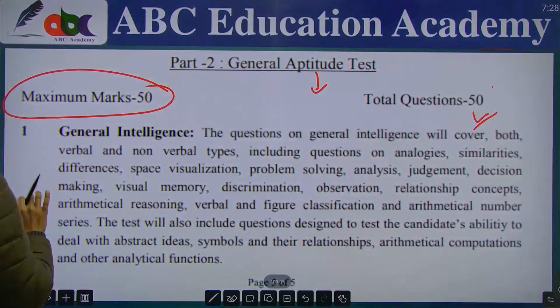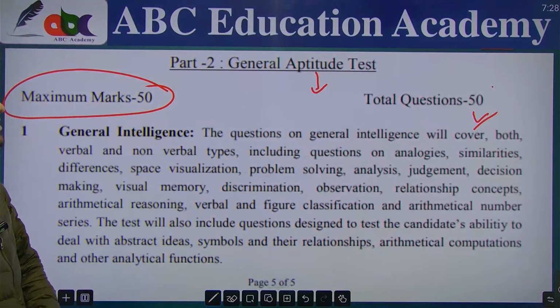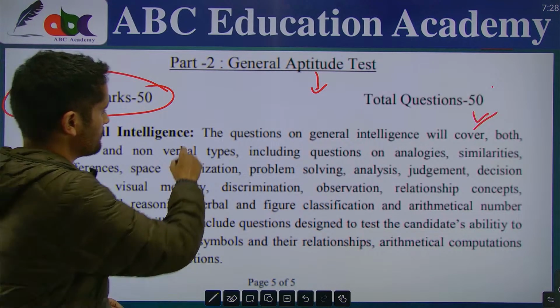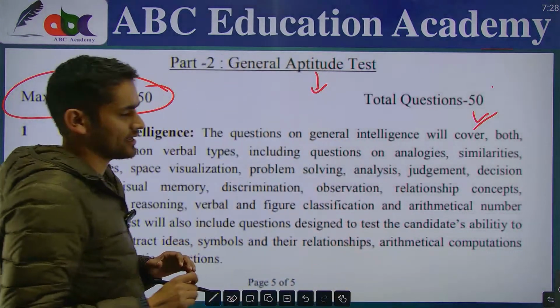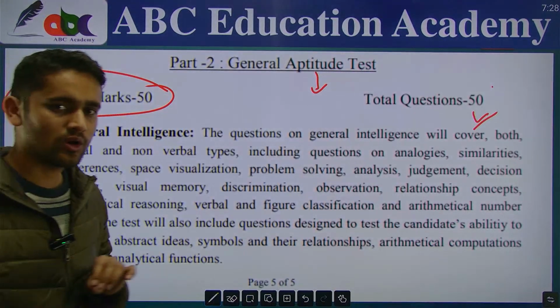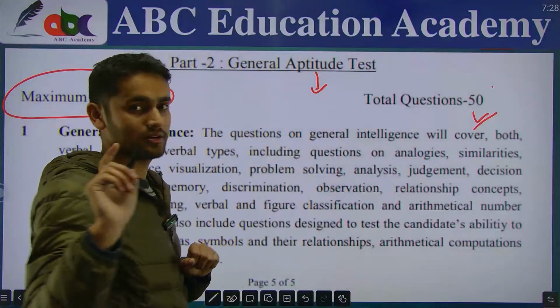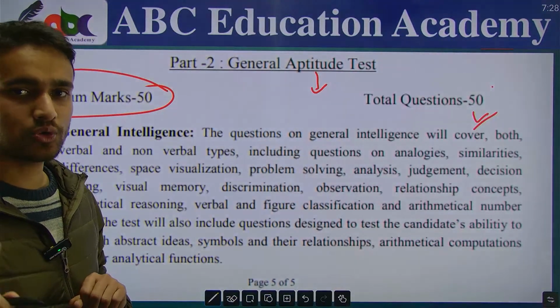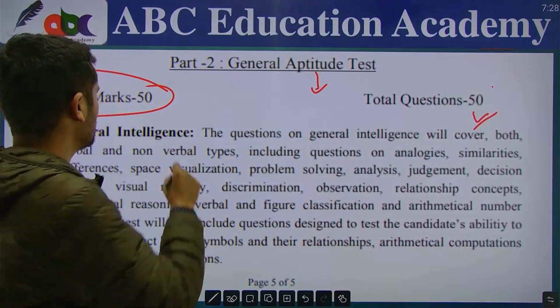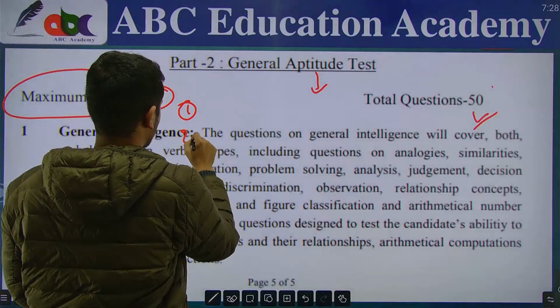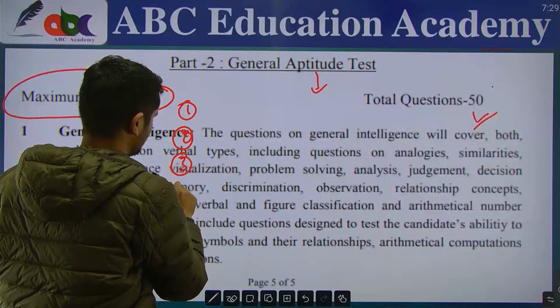You have to cover these topics of general aptitude. To simplify, I can give you some topics that are asked in the examination. If you go through the previous year examinations, you will get questions from these topics.